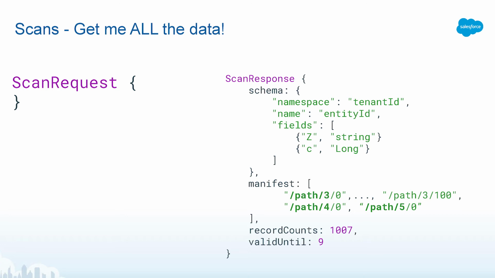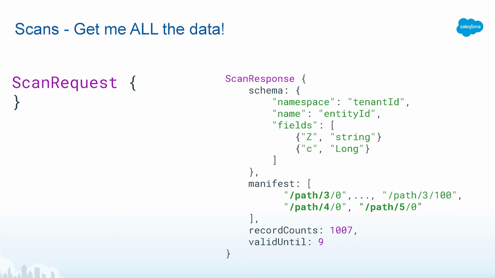Now, as a consumer system, you can request data by posting what's called a scan for that table ID. The canonical scan is an empty scan, which is essentially asking, hey, what do you have in your table? In this case, the scan response will be schema and manifest mostly, that's what you care about as a consumer system of the lake.